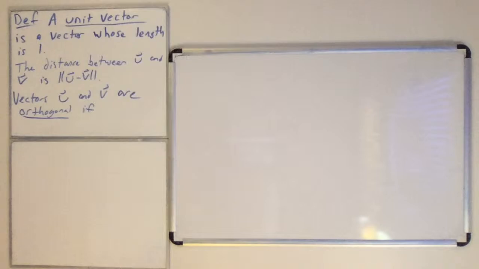So two vectors u and v are orthogonal if, yeah, see, chat, you'd want to say the dot product, but we're talking about the inner product now.